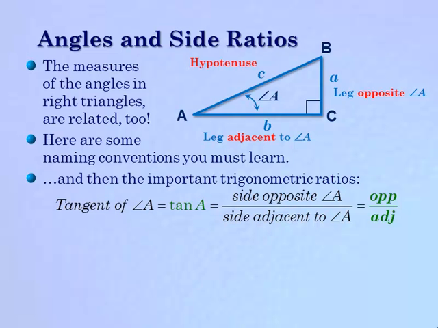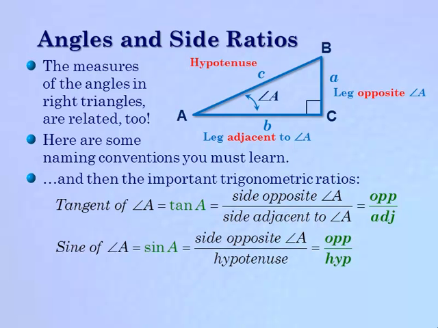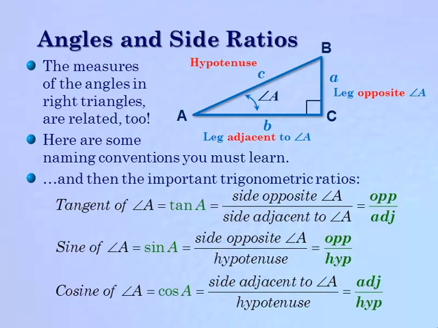There's the ratio known as the sine of angle A, and that'll be the ratio of the length of the side opposite A to the hypotenuse of that right triangle, opposite over HYP, the abbreviation for hypotenuse. And lastly, we have the cosine ratio, which is, as you probably guessed, the ratio of the side adjacent to angle A divided by the hypotenuse.